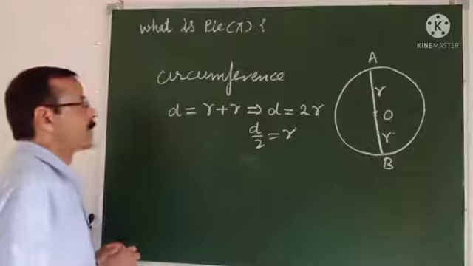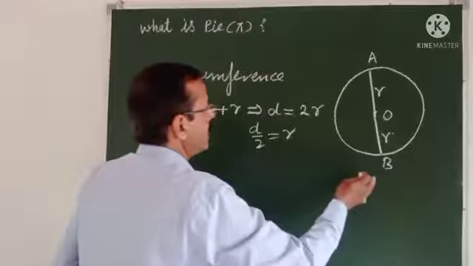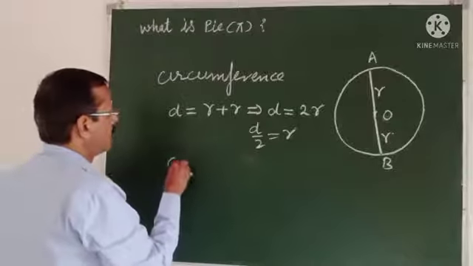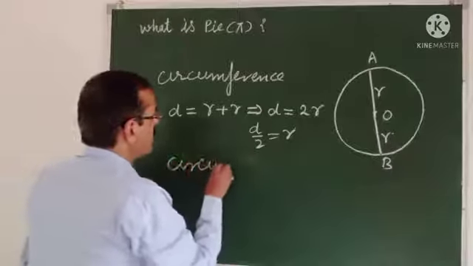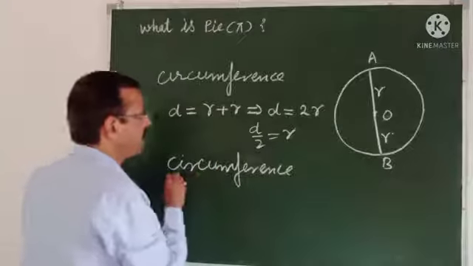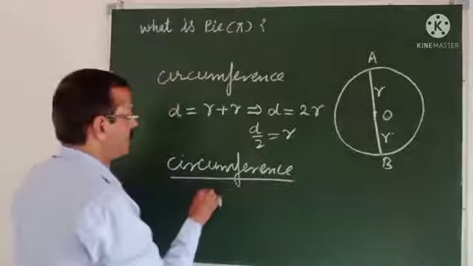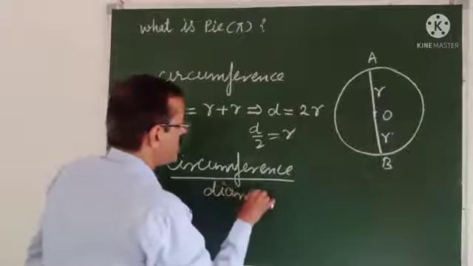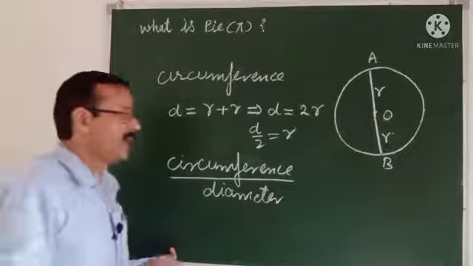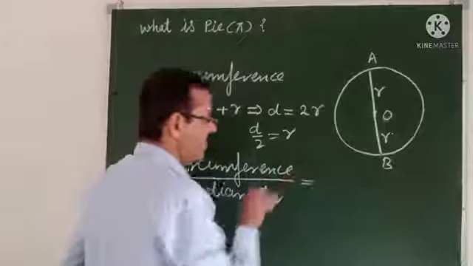Now here, if we divide circumference upon diameter, we will find a constant value for any circle.